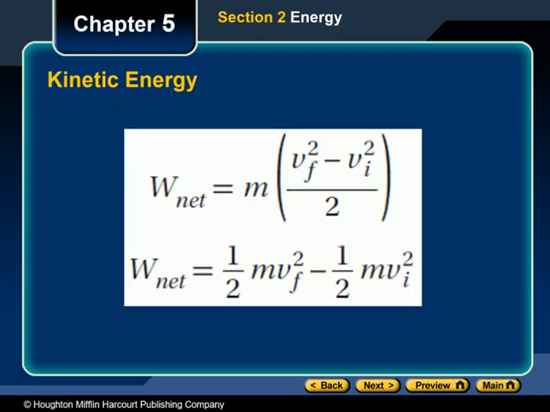Substituting this result into the equation net work is equal to m a delta x gives net work is equal to m multiplied by the quantity vf squared minus vi squared divided by 2, which can be rearranged as net work is equal to 1/2 m vf squared minus 1/2 m vi squared.